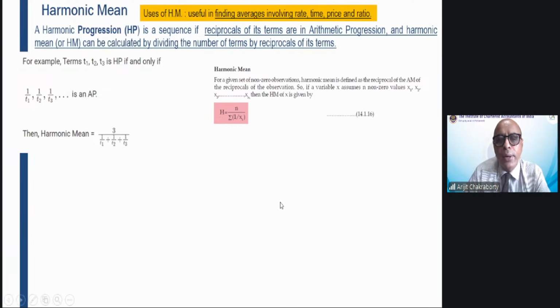So how do we find out the harmonic mean? Now we can see on the right hand side of the slide the formula as given in the study material for a given set of non-zero observations. Please note very carefully, non-zero observations. Non-zero means the numbers in a data set, none of them should be zero.